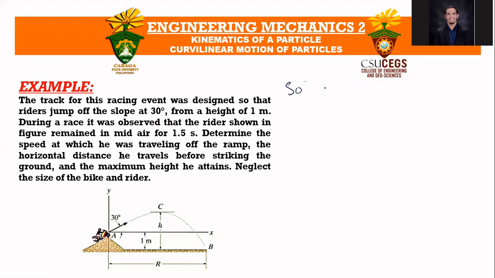So just a solution, ang first nato buhaton is we establish the coordinate system. So ang figure nato dire will be considered as our coordinate system since it shows already the X and Y axis, especially the initial position and its final position.